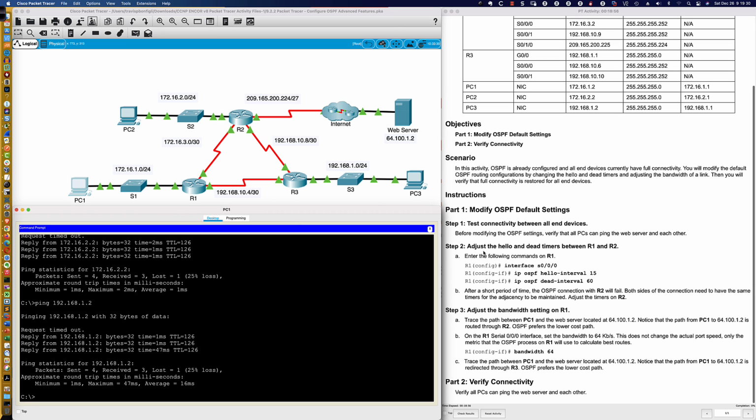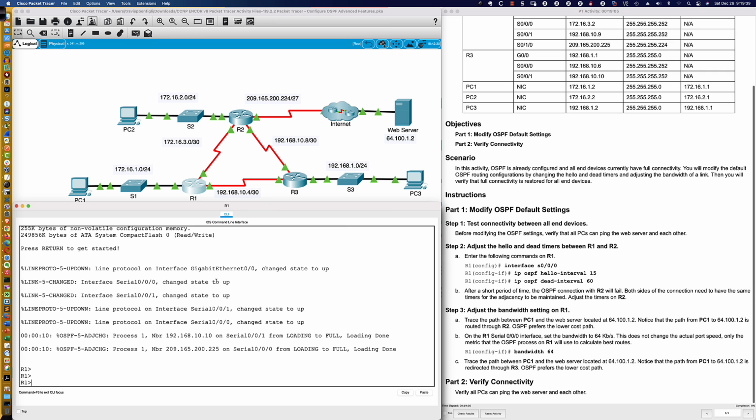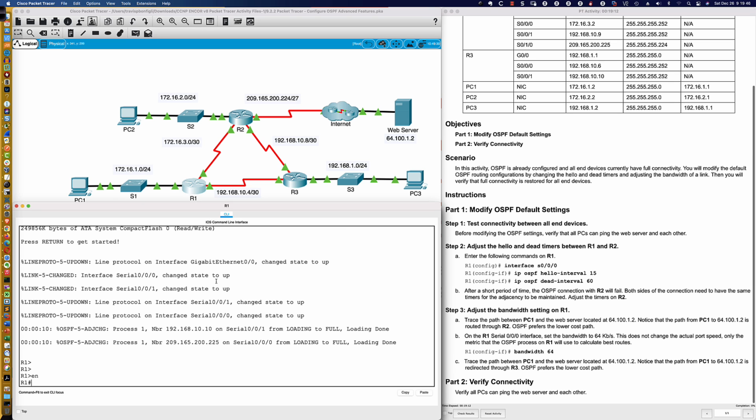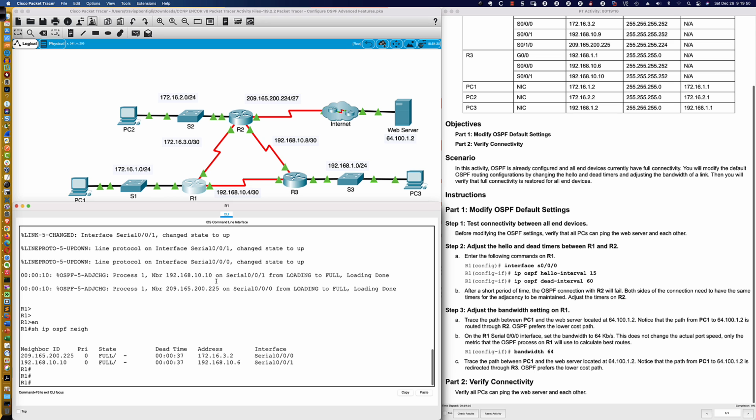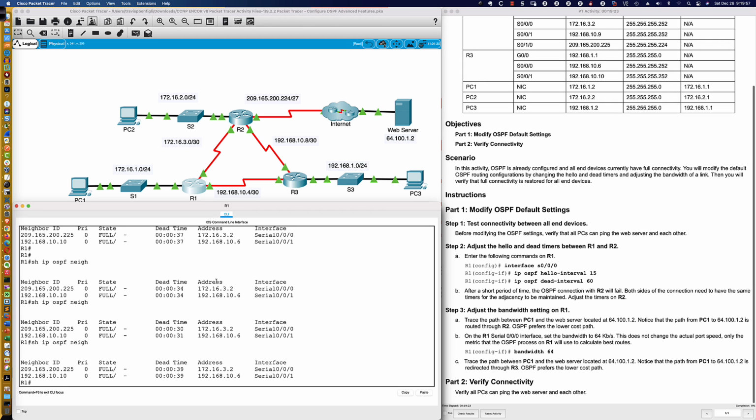It wants us to adjust the hello and dead timers between router 1 and router 2. Now, a quick note on this. What are the defaults for a point-to-point network type, and how could we see that? Well, you might be thinking, let's just say show ip ospf neighbors, that should tell me. Well, that's going to give you the dead timer, and you might be able to back into a response here, seeing that it goes down to 30, and then it comes all the way back up, and you'll never see it at 40.